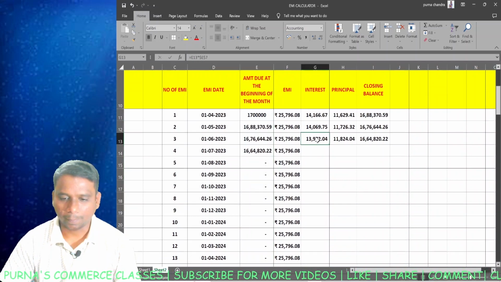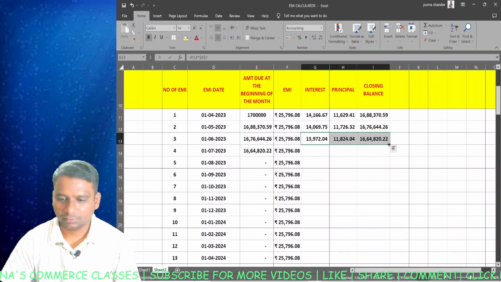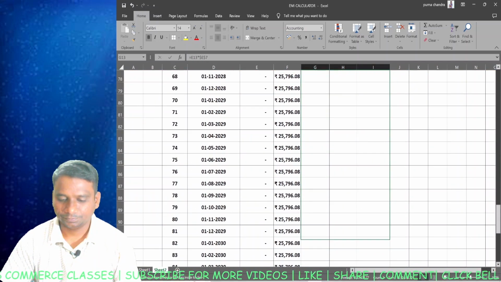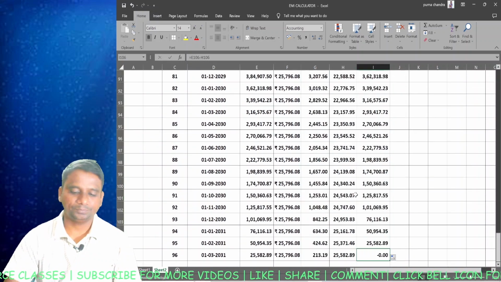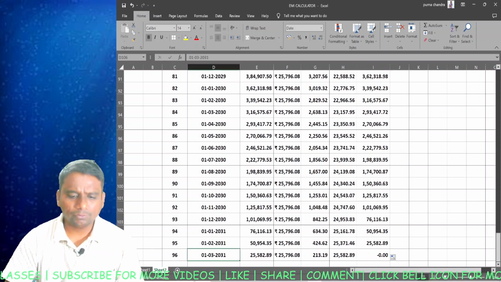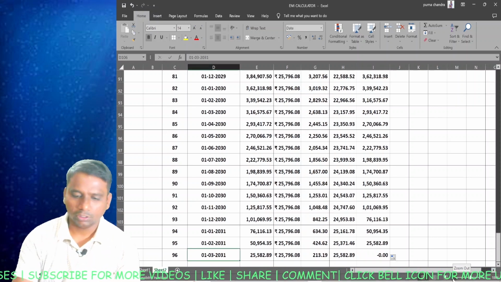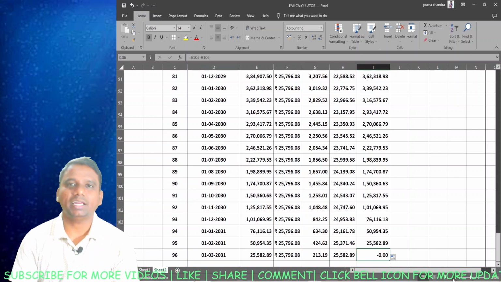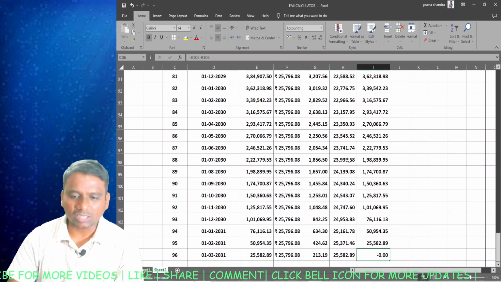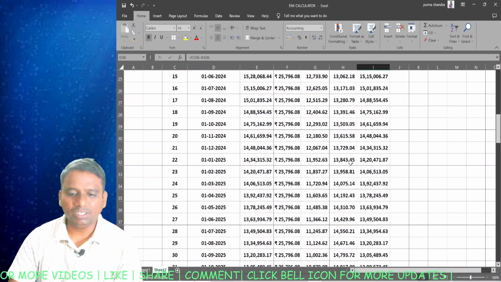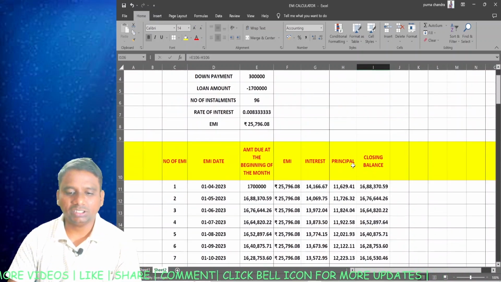Next, I am dragging this. Now look at the end of 1st March 2031, your loan outstanding, your loan will be closed, 0. So this is how we prepare our repayment schedule.